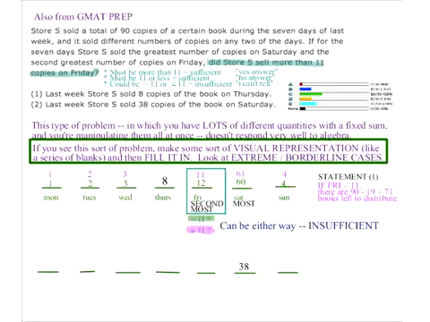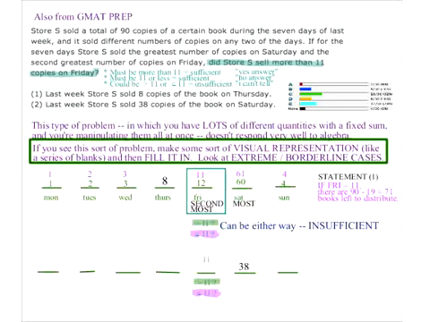Same issue as before: we're trying to figure out whether Friday can be more than 11 or less than or equal to 11. So let's try 11, the same way we did last time.